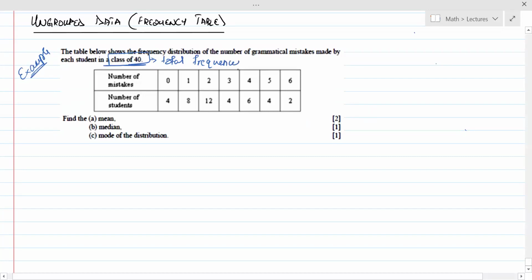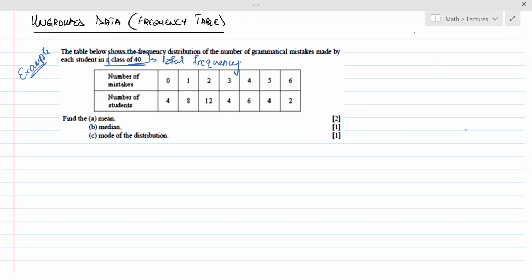Because this is a class of 40 students, 40 students are the total data set values. The total data set is 40 because this is about 40 different students. So we can say that we have the total frequency of 40 students.